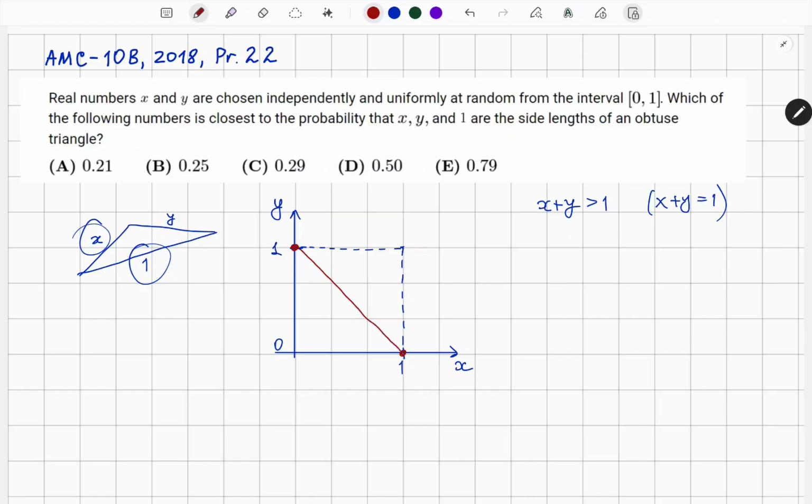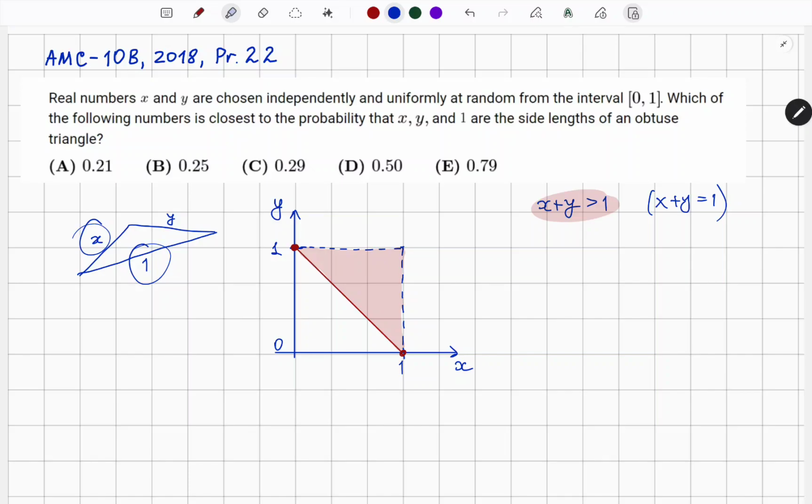I connect these 2 points, and I have to choose between the two halves of the square. Since x plus y is bigger than 1, it must be the upper side. You can choose a sample point to make sure it satisfies this inequality, and all other points from the half-plane also satisfy the inequality. So I can shade it like this. This is the triangle inequality, the first condition I put: x plus y is bigger than 1.